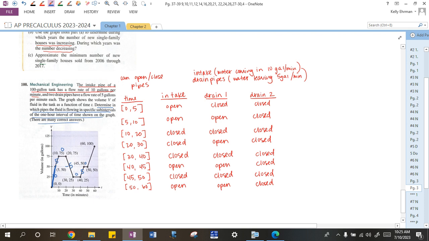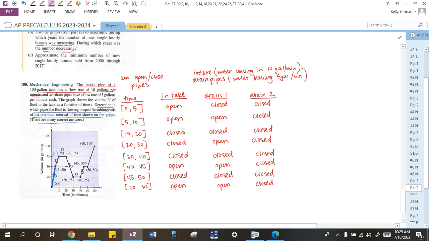And then for the next 5 minutes, the slope is just 5. If you go 75 minus 50, 25 divided by 5, that's 5. So that still means that water's coming in, but not as fast, because one of those two drainage pipes must also be open.